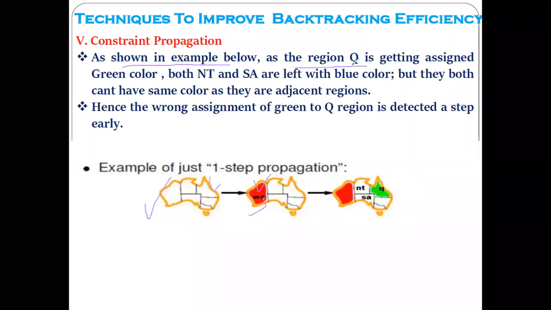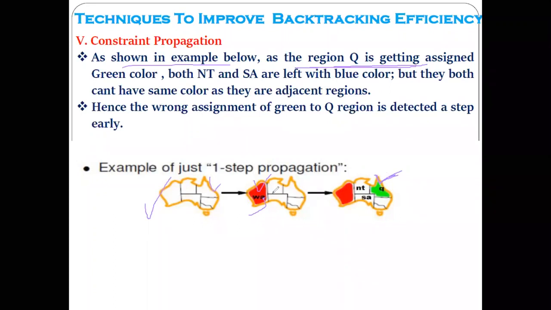And when you are assigning color to the Q, for example, this is the Q, you check whether other neighbors will get affected due to that assignment or not.